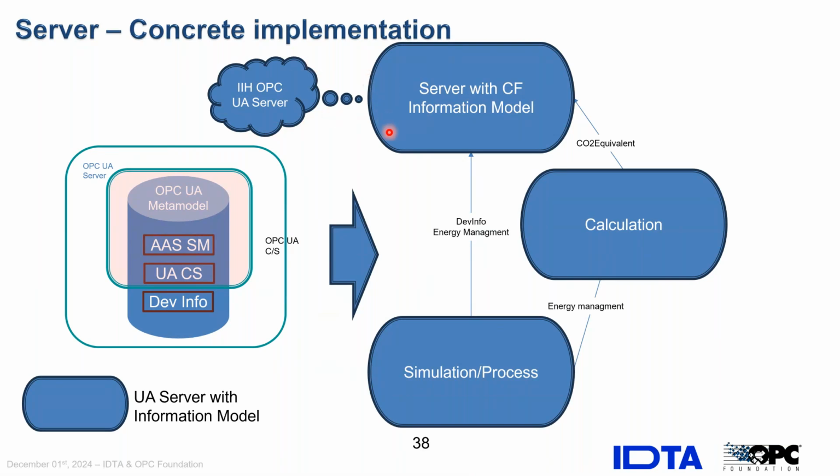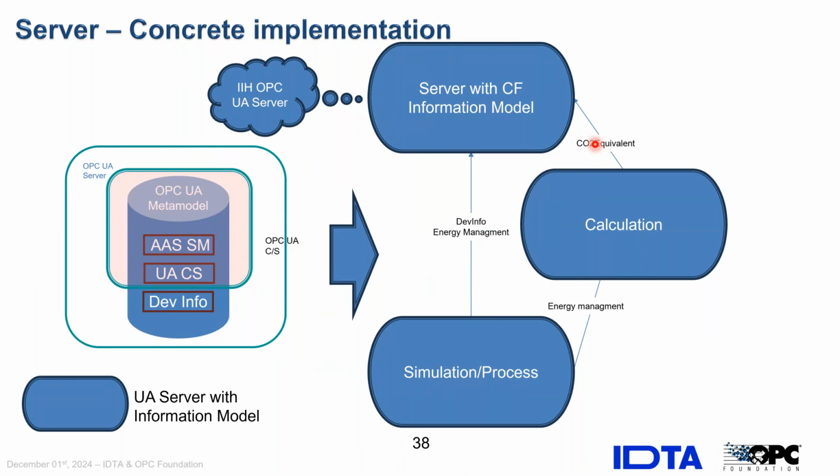The values for the energy management are directly read from a motor simulation, and the values for the CO2 equivalent are calculated in a third intermediary OPC UA server, which takes all the needed values from the drive and transfers them into our information model of the IIH.